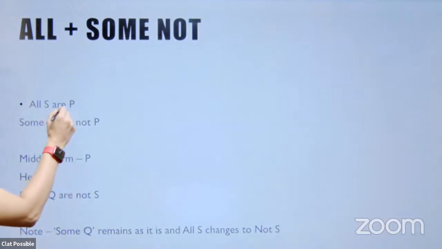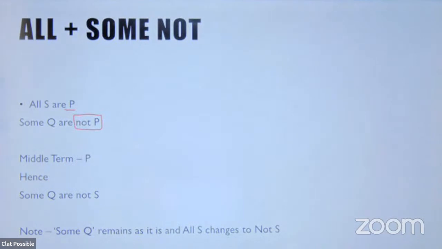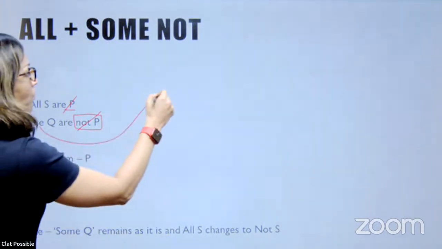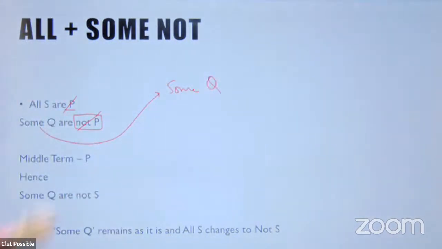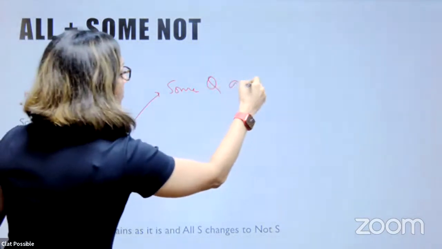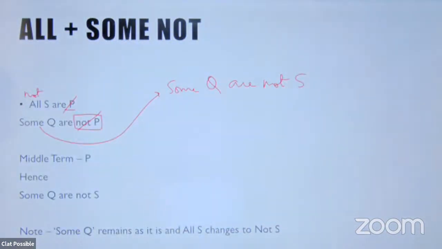P. This time the middle term is written with not. Right? I eliminate the middle term. Some Q is written as some Q. All changes to not. This is my answer.